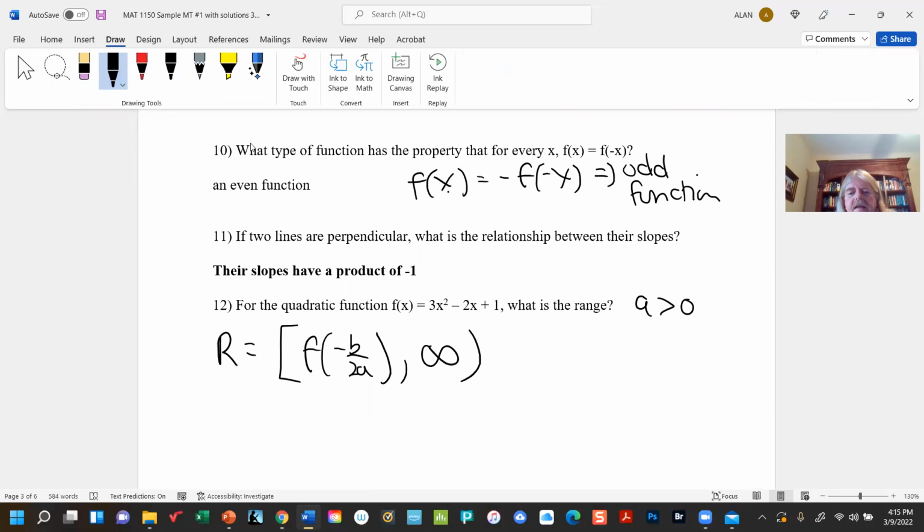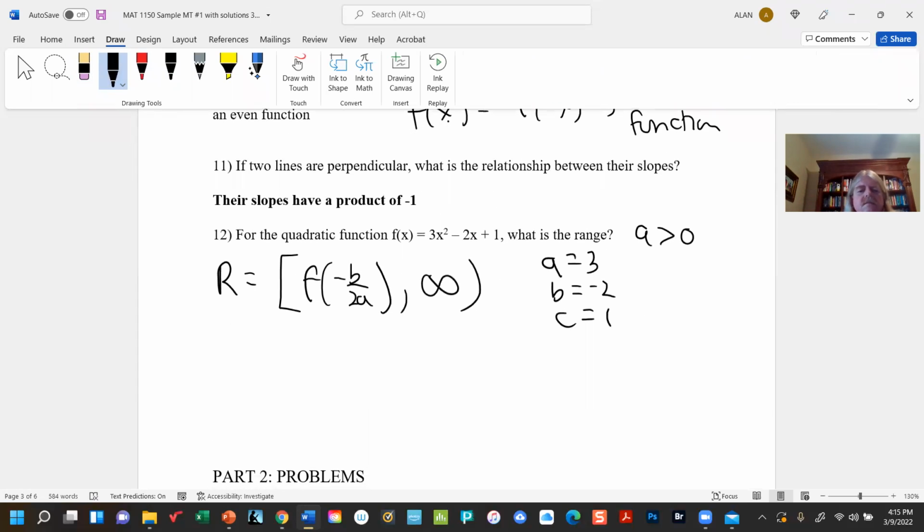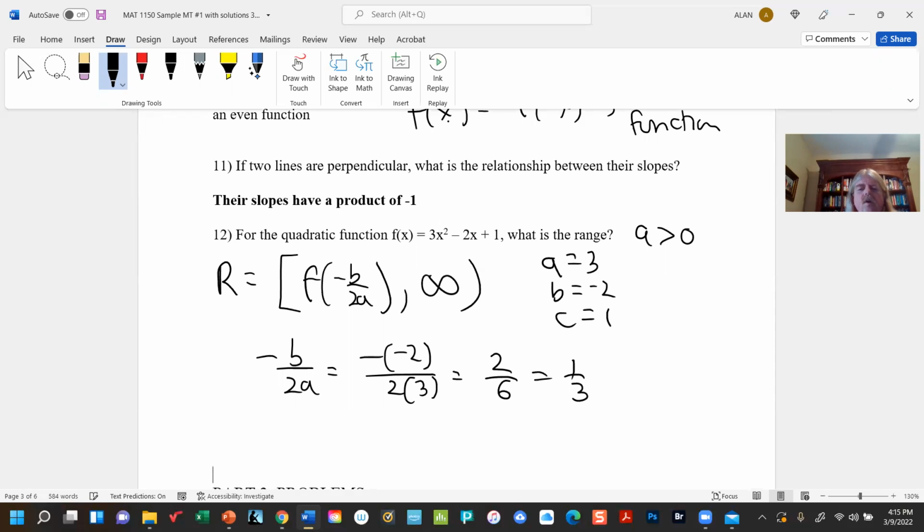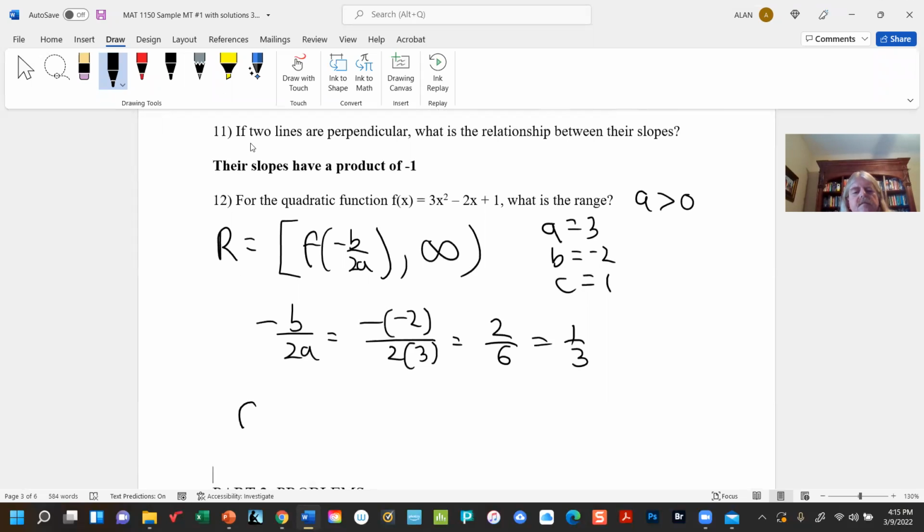Okay, so A is 3, B is -2, C is 1. So this is a third. So f of 1/3 is what we're looking for.